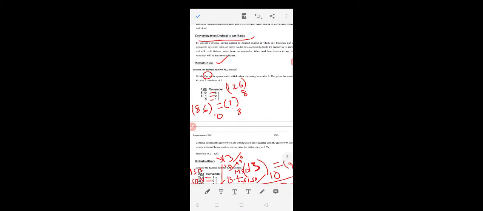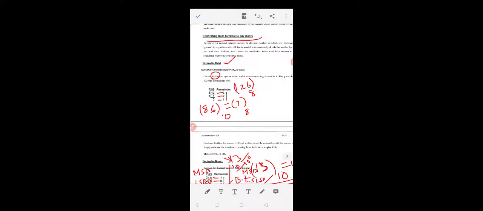Next topic: similarly you find the octal equivalents of different numbers. In the previous class I showed a table. Please write the table in your class notes and try to memorize the octal equivalents of decimal 1 up to 7.